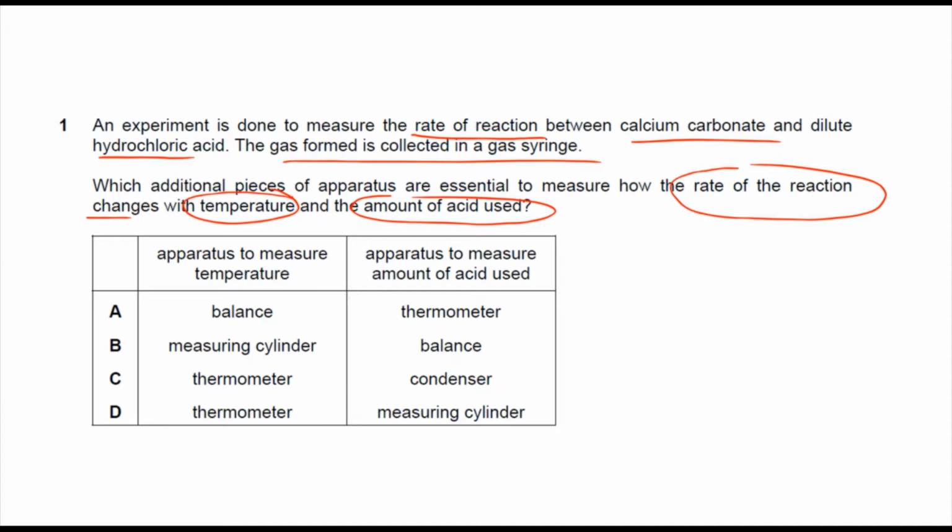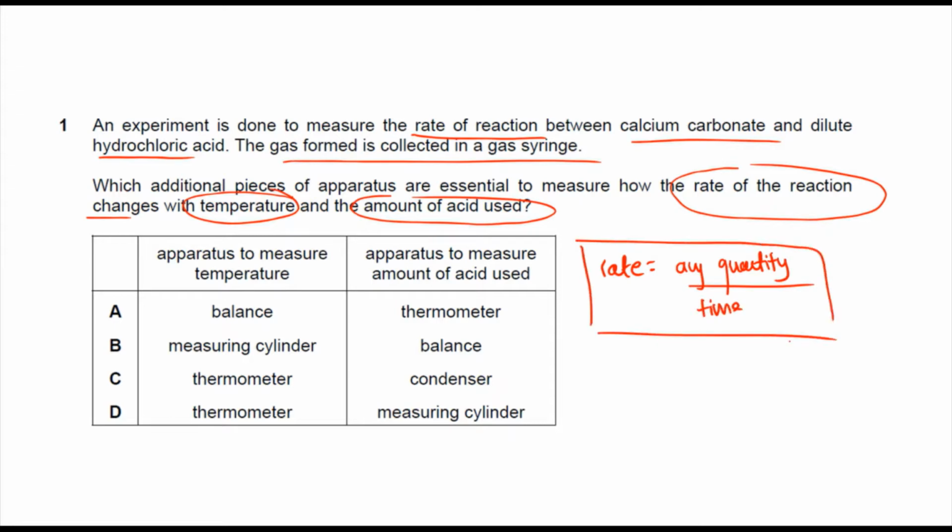ठीक है. Now what is rate? Rate is actually any quantity, any physical quantity perhaps, divided by time. The truth about rate is that anything divided by time is actually rate.